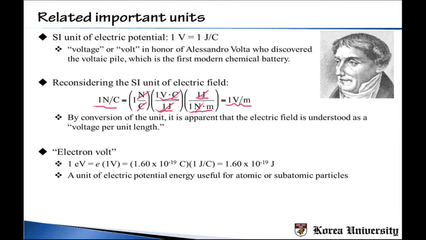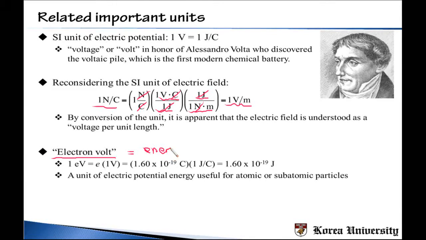So far we have discussed only the SI units, but there is one unit which is not SI but very convenient, and it is called the electron volt. Again, please be careful not to be confused. The electron volt is not a unit of electric potential, but in fact a unit of energy.